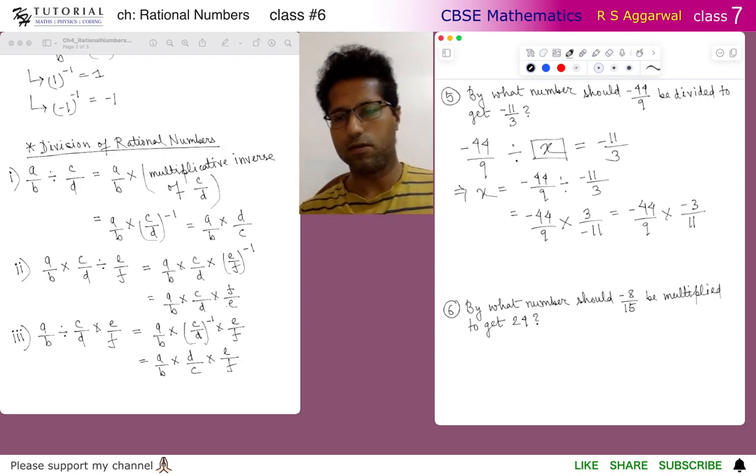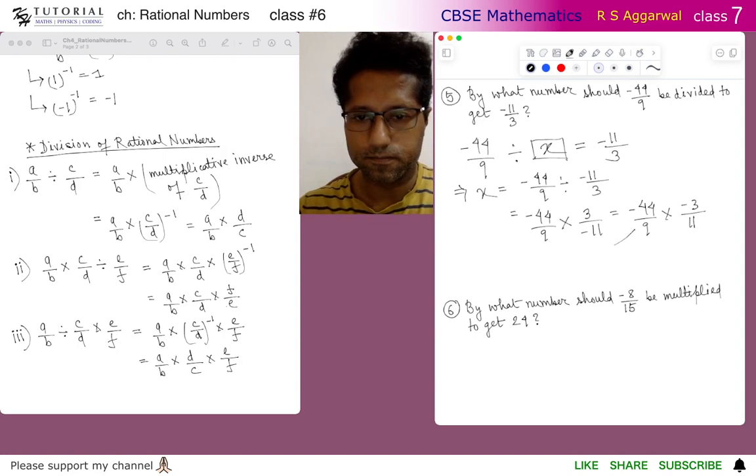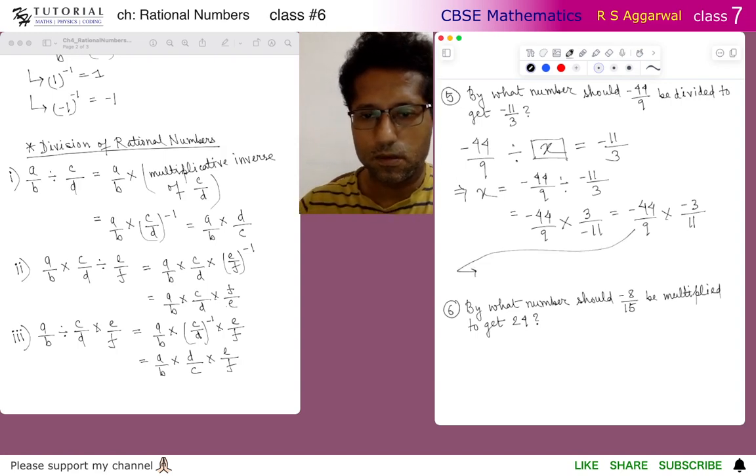the negative cancels out. In the numerator, both the numbers are negative. This is nothing but minus 44 multiplied by minus 3 divided by 9 multiplied by 11.